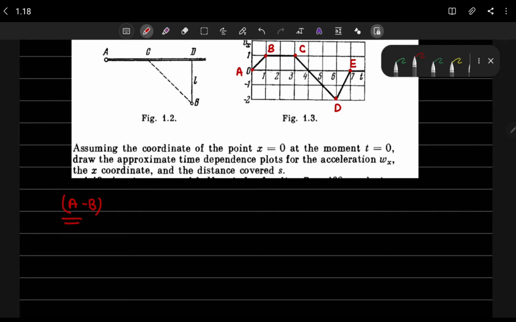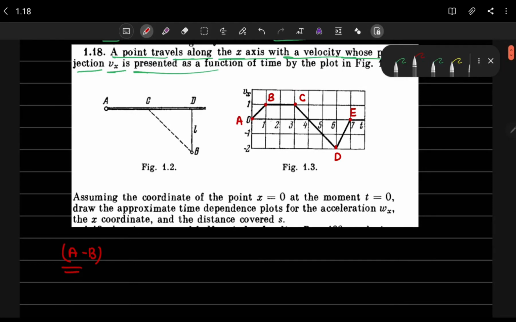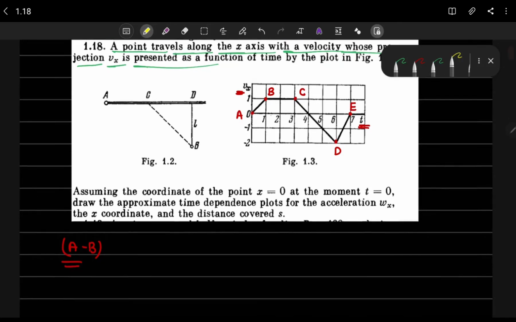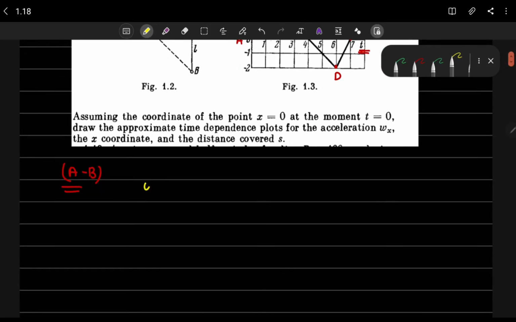In this region, the slope of the velocity versus time graph is constant, and we know that the slope in the velocity versus time graph gives us the acceleration. So if the slope is constant, we can write the acceleration as change in velocity divided by change in time, between any 2 points in the region A to B. Delta v is vB minus vA, divided by tB minus tA.